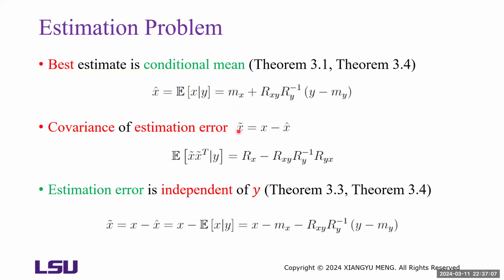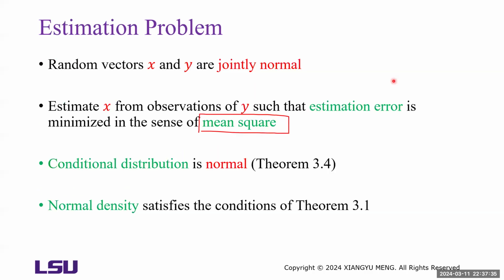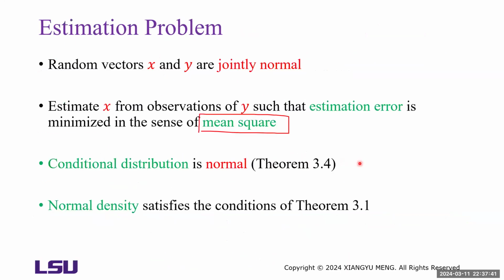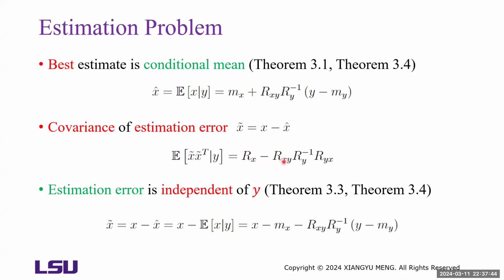Then let's use x tilde to denote the estimation error, the difference between the random variable x and its estimate. The covariance of the estimation error x tilde conditioned on y, again based on theorem 3.4, is Rx minus Rxy Ry inverse Ryx.